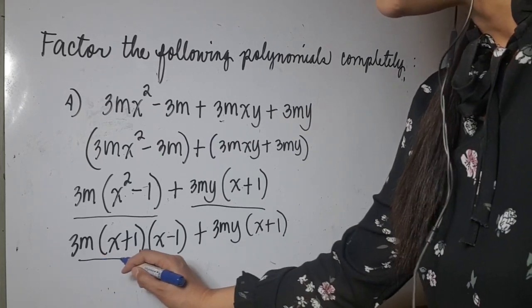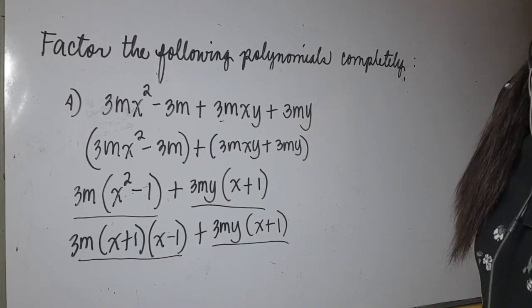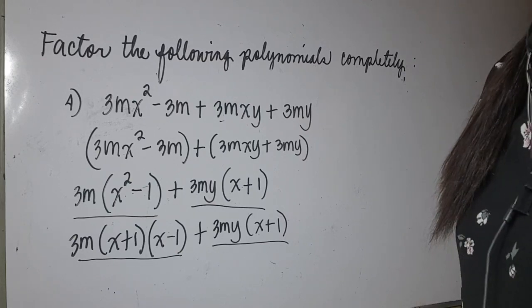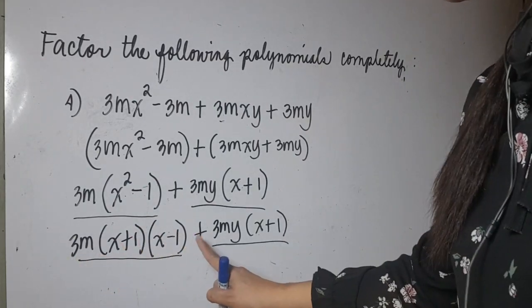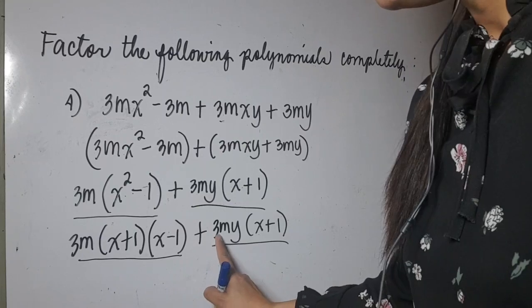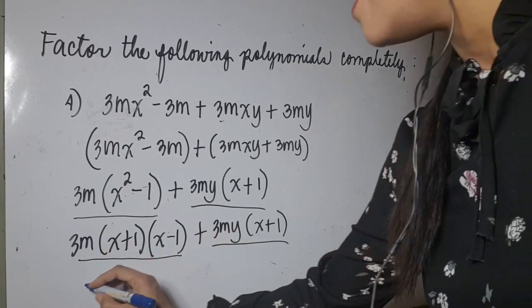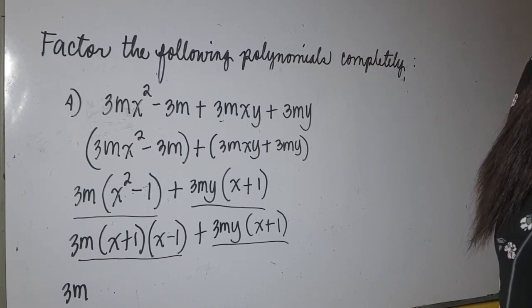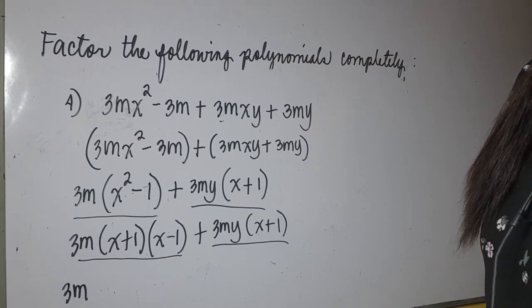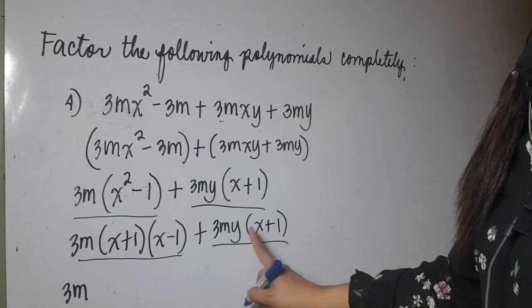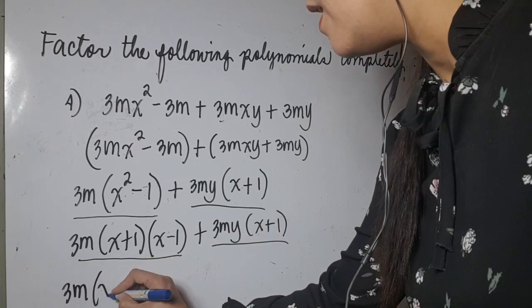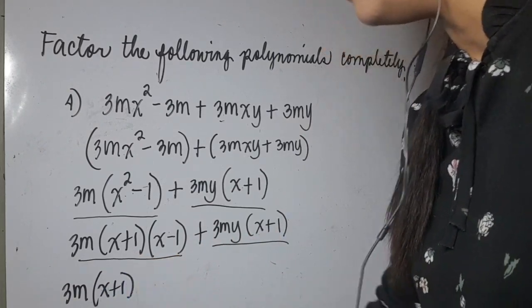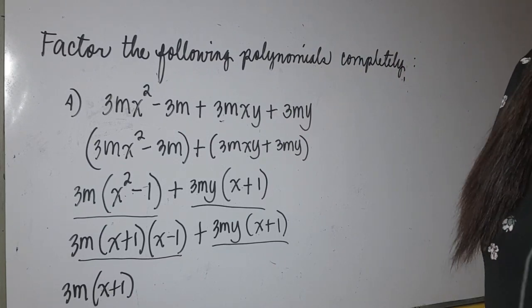Okay, so this is the first term, this is the second term. Ano yung common factor? So we have 3 here, we have m. Okay, we have 3m as one common factor. Another common factor na meron siya, we have x plus 1. Okay, x plus 1 is another common factor.